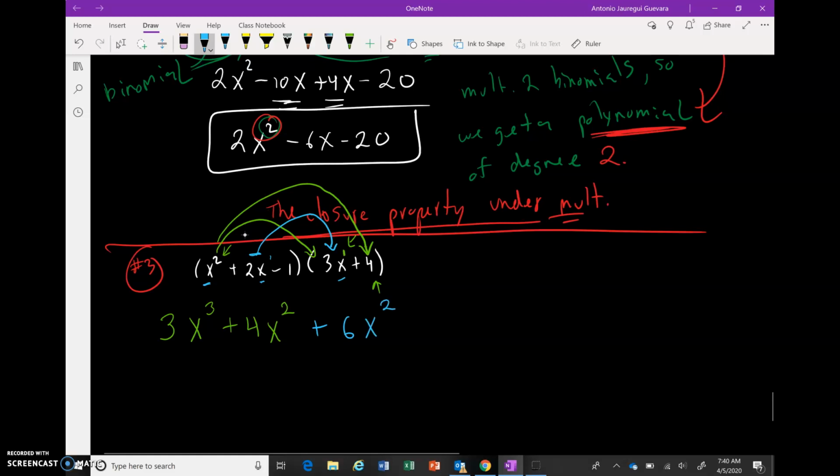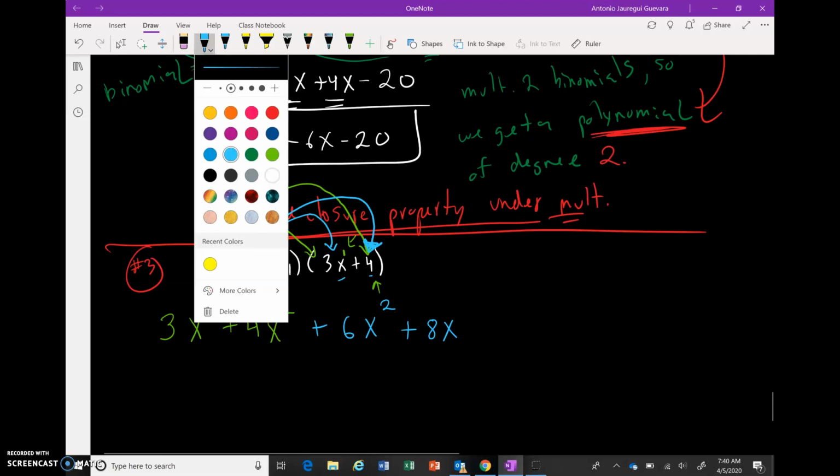Then I'm going to do 2x times 4, which will give me plus 8x, because this has an x and this one doesn't have an x. Now that takes care of the 2x.